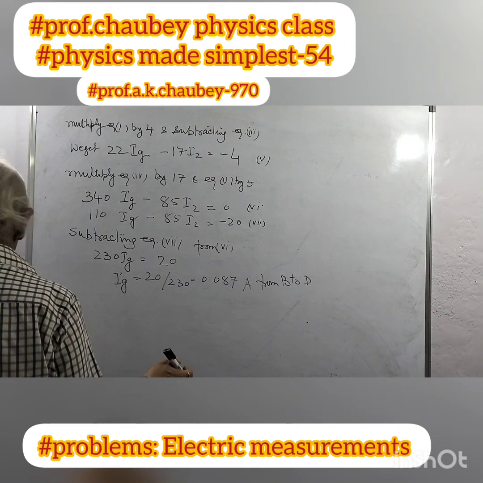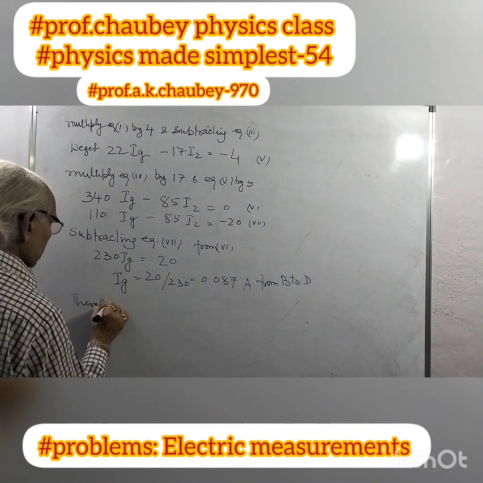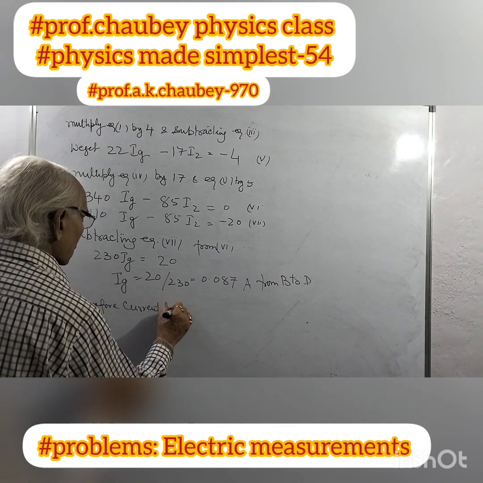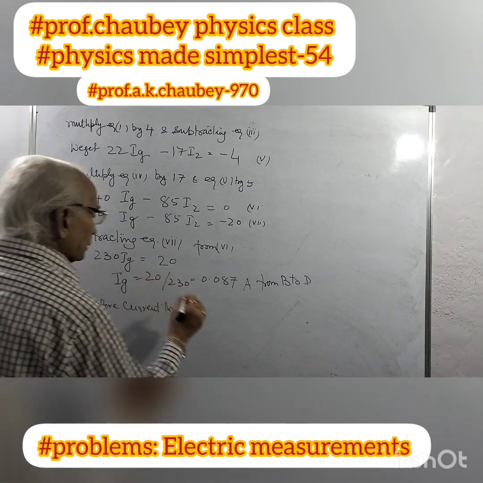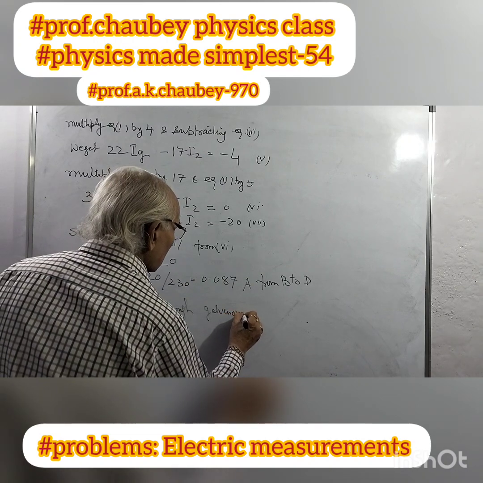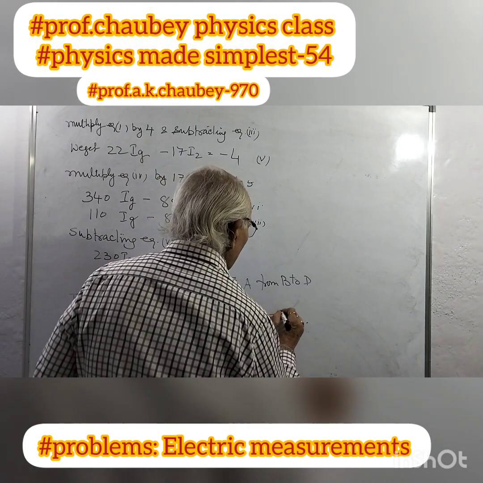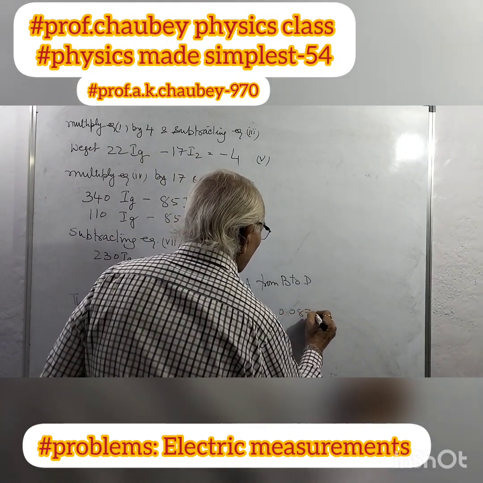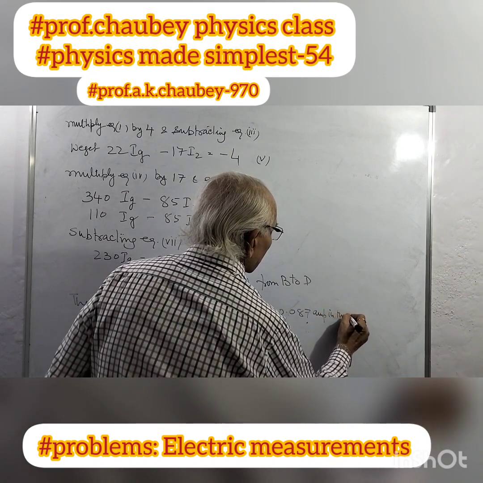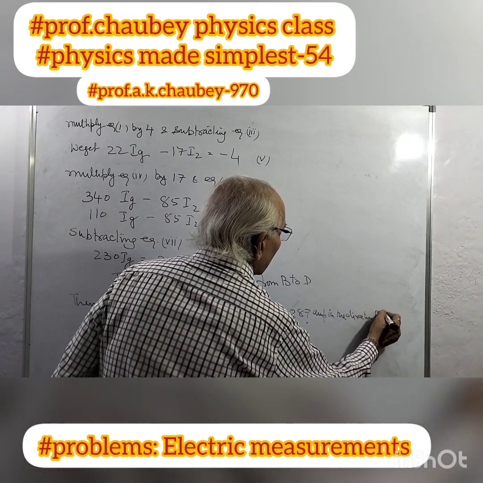Therefore, current through galvanometer is 0.087 ampere in the direction BD.